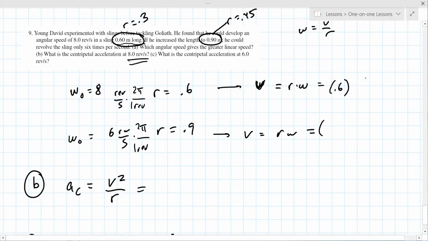The omega is the 8 times 2 pi, and that ends up being, I'm getting like 30.16.